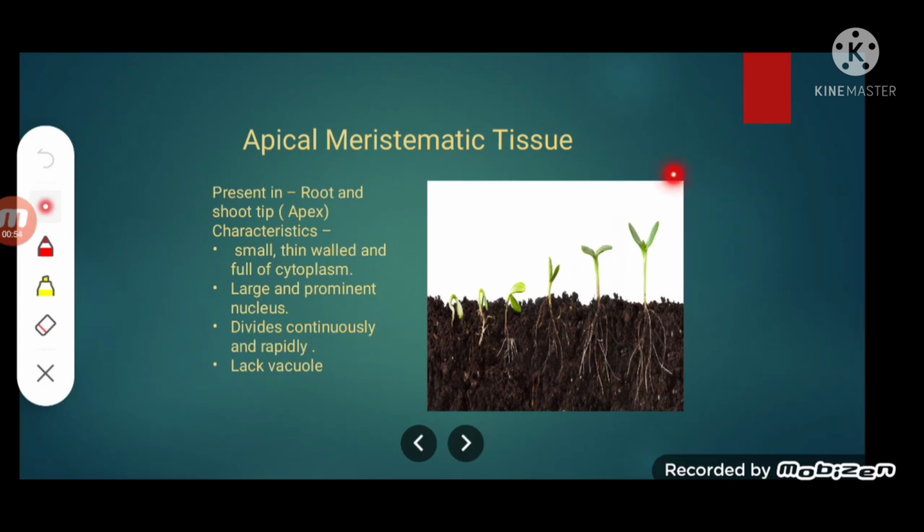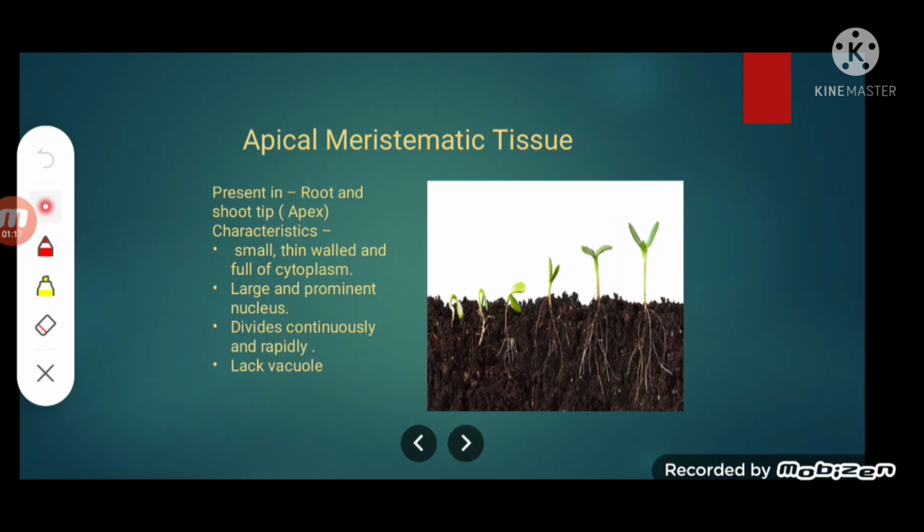They will divide continuously. There will be a lack of vacuole in the cells, they will be thin cell walled and full of cytoplasm, as we have discussed in the basic characteristics of meristematic tissues.